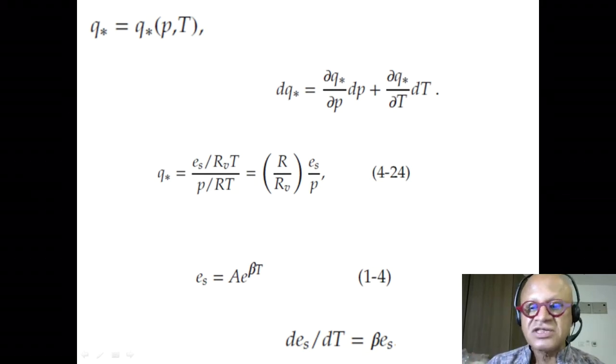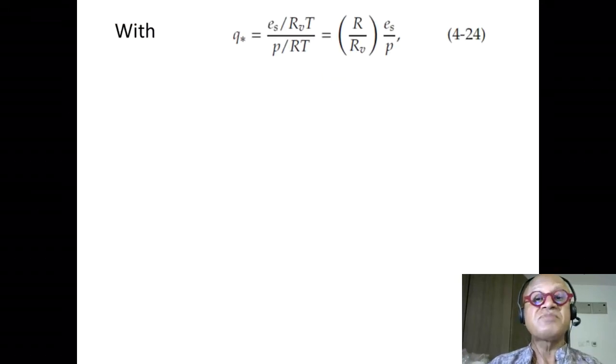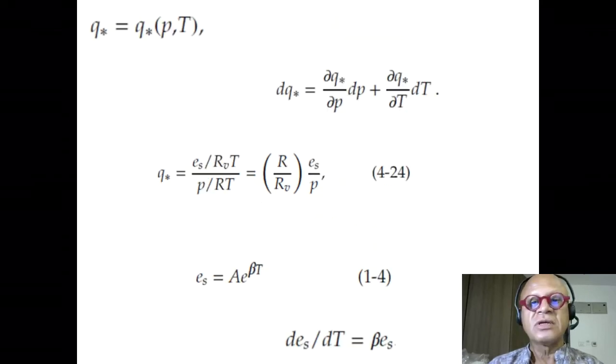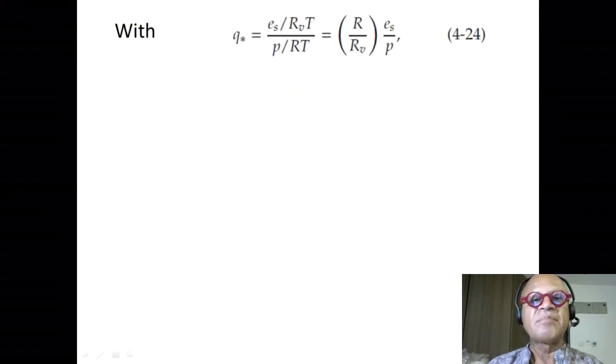I'm not deriving these things, but you should probably go through those because they are simple but also very useful to do yourself. So now you write q star again using various relations. dq star/dp can be written from the previous relation. So dq star/dp can be taken from here in terms of dq star/dT and then plugged in.